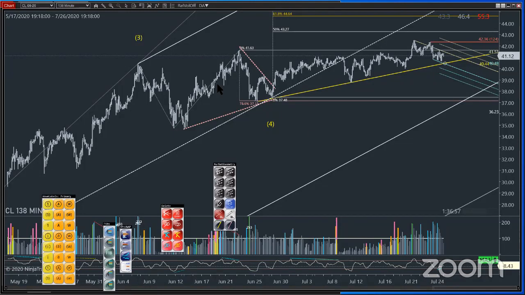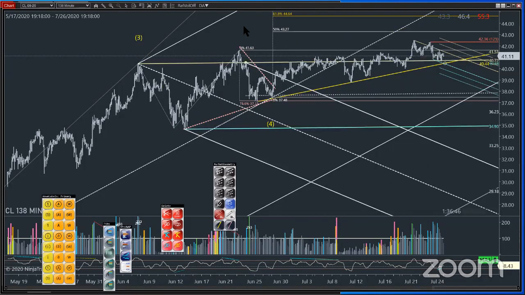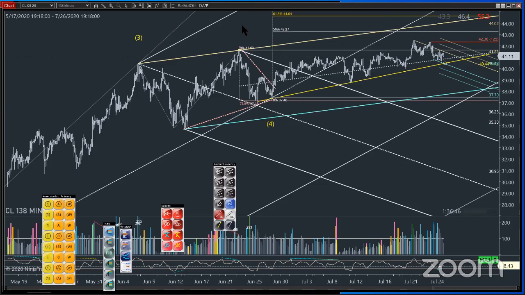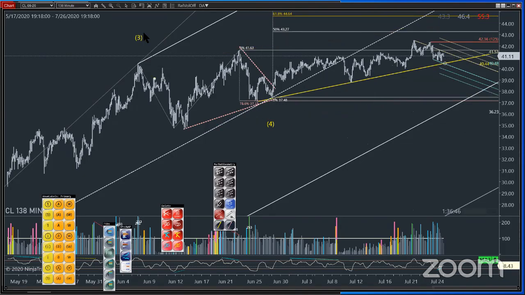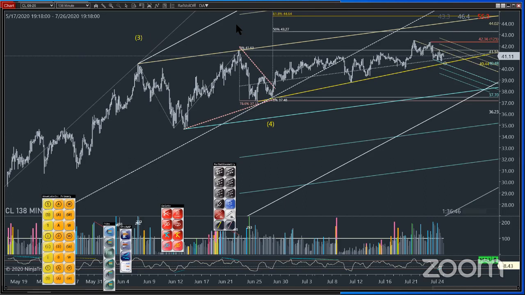And then the other targets we would have would be, yep, exactly right there. Right where those intersect, see? It's nice when it all lines up perfectly.